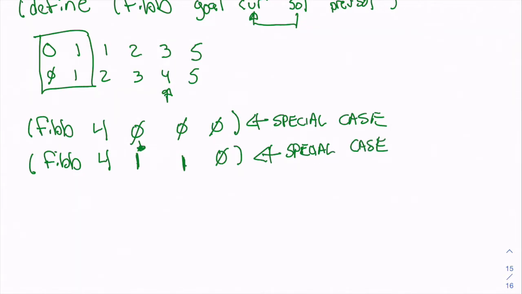All right, now we can make things work better. And the way I'm going to make this work is I'm going to say fib 4 of 2.